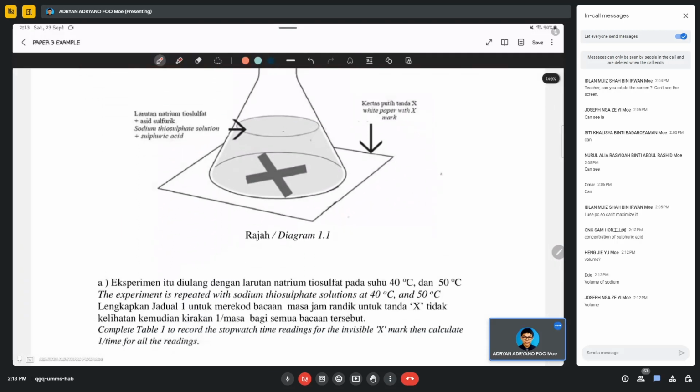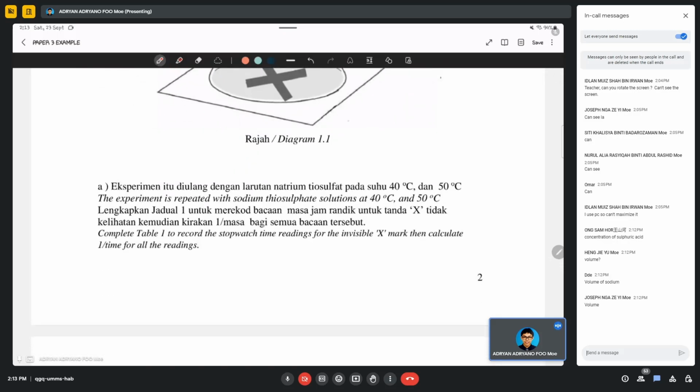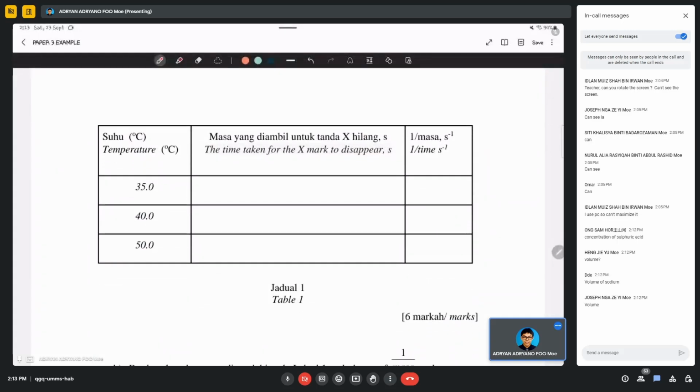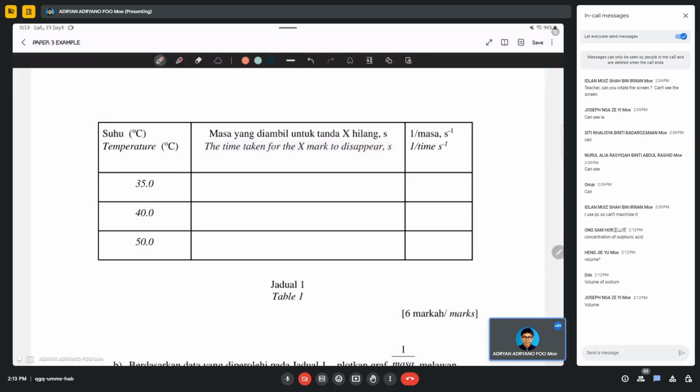Alright. Then A. Complete table 1 to record the stopwatch time reading for the invisible X mark. And then, you calculate 1 over time for all the readings. Okay. Why do we calculate 1 over time? Same like your physics also. For the rate of reaction, we calculate 1 over time. Okay. So here, time taken for the X mark to disappear.